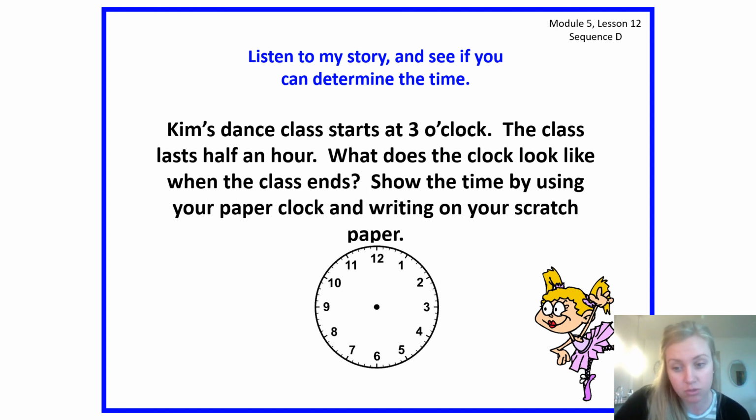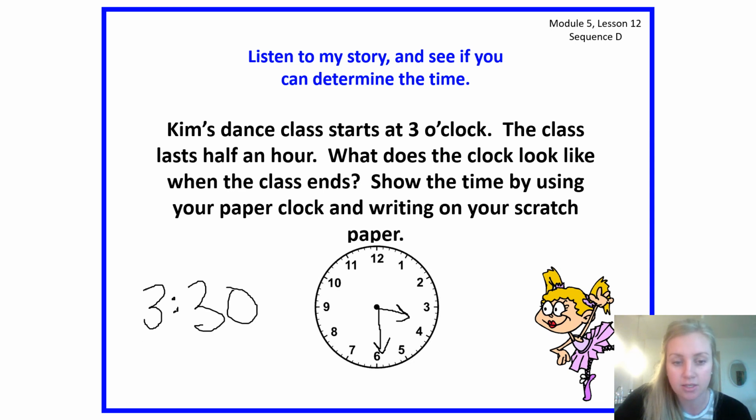If it starts at 3 o'clock and it's half an hour long, I know her class does not end until 3:30. Make sure your clock looks like mine, and if you write it on your scratch paper like a digital clock, it should show 3:30.